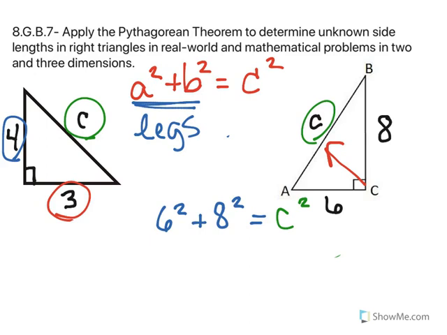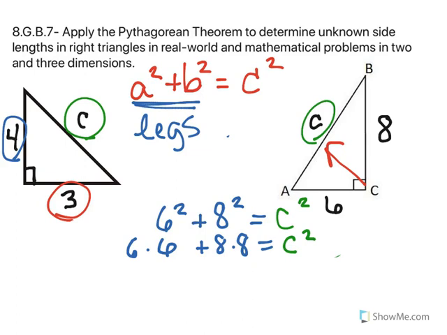So this time I'm going to write it out fully so that students or people watching see it step by step. This is 6 times 6. This is 8 times 8. And that's going to equal our c squared. Okay, so now we can solve the multiplication, which is why exponents need to be done first.